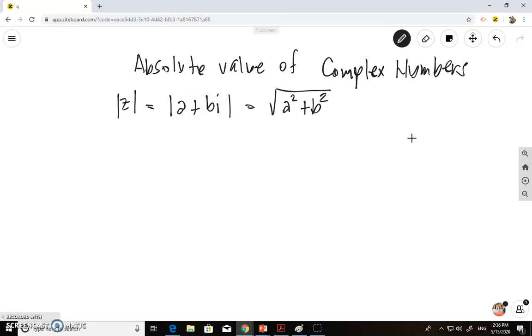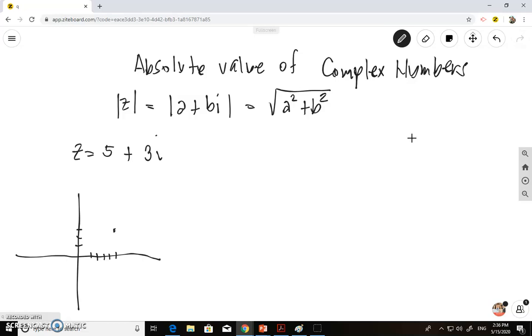For example, z is given as 5 plus 3i. So where can we find this? It's in quadrant number 1 because both values are positive. So we go 1, 2, 3, 4, 5, and 1, 2, 3. Therefore, we get this point here.